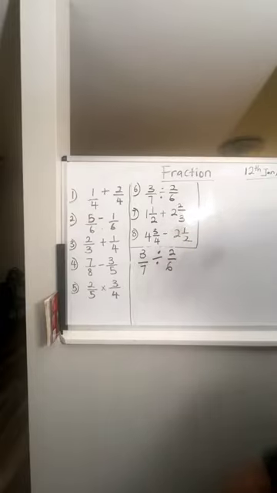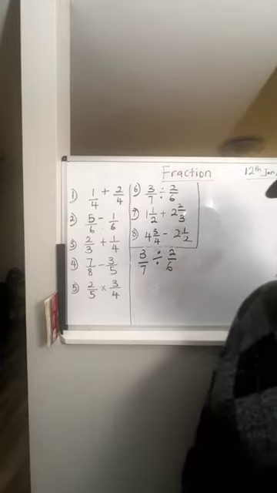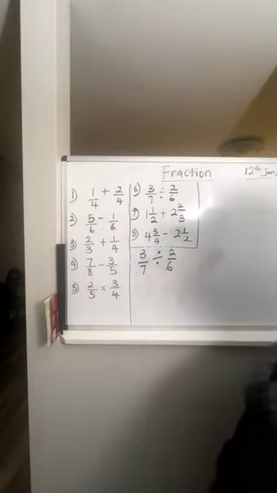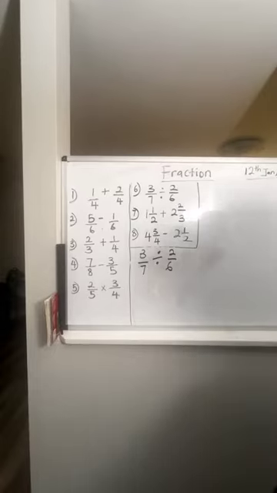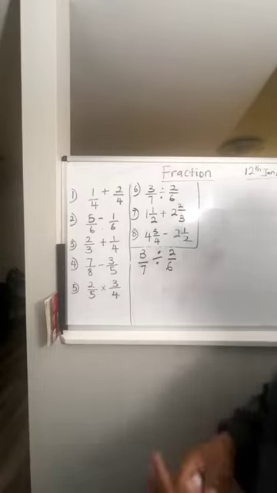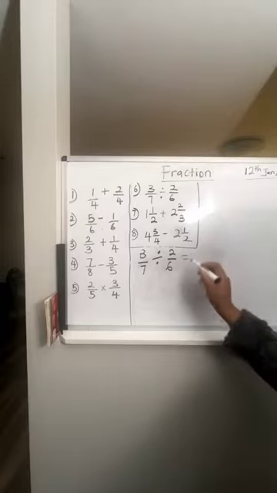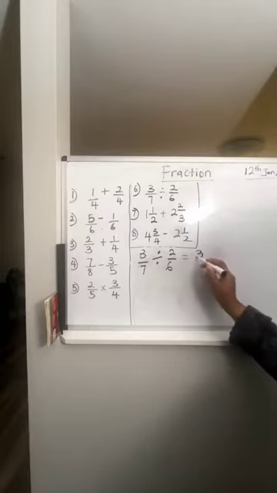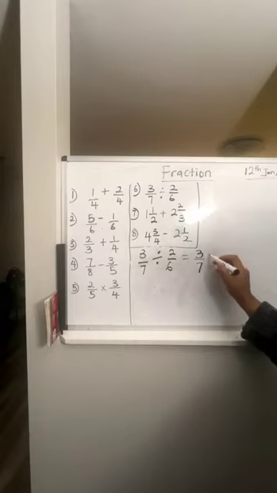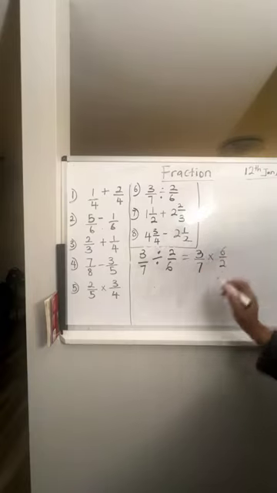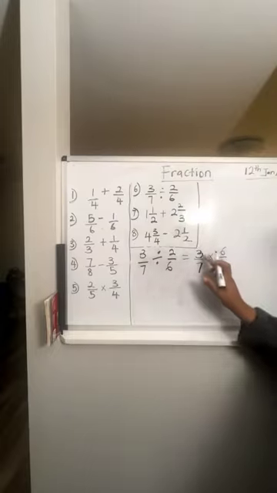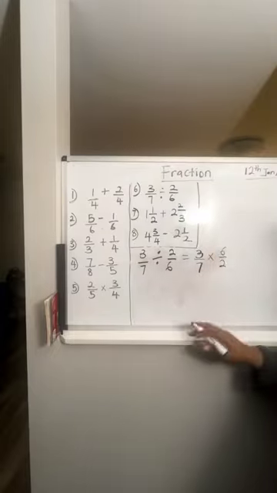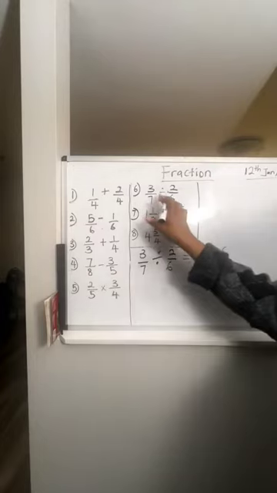This is division, so we turn it to multiplication, and while turning it to multiplication, we have to switch the top. It will be 3 over 7 times, we switch it, 6 over 2, which is what we have here.